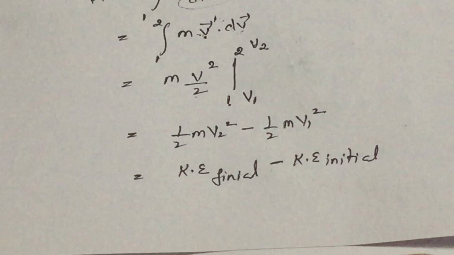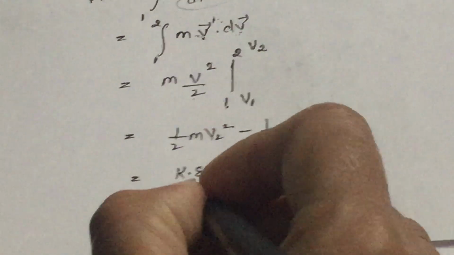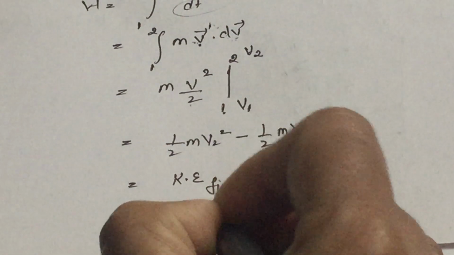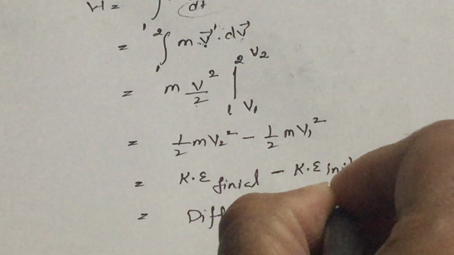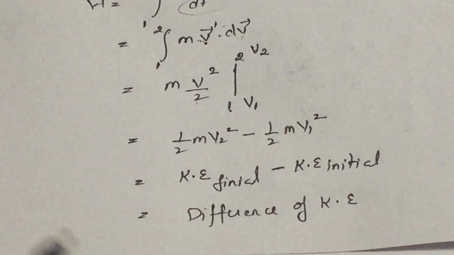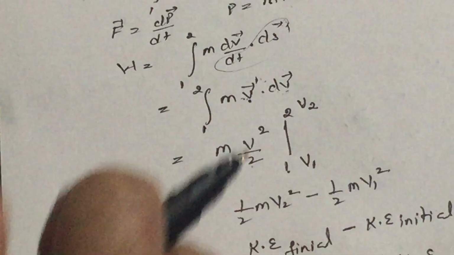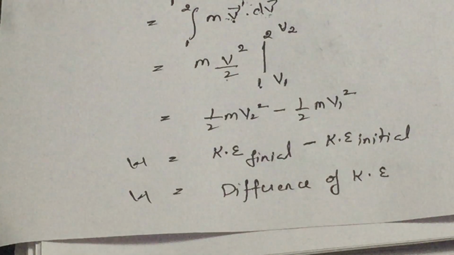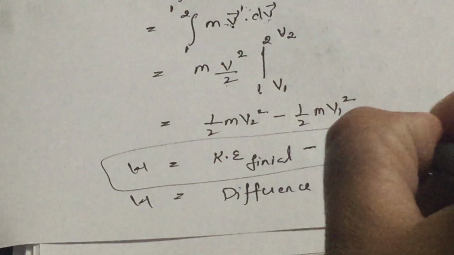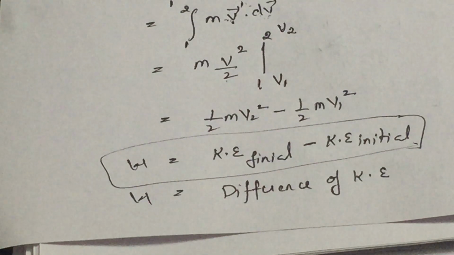It means we are getting the difference of kinetic energy, and this difference is equal to work. This relation between kinetic energy and work is known as the work energy theorem.